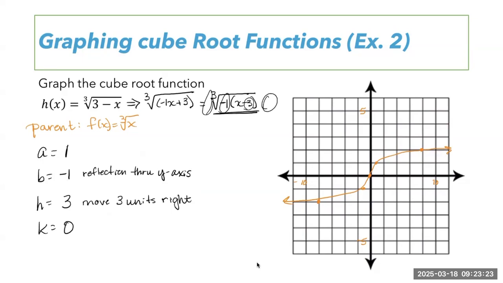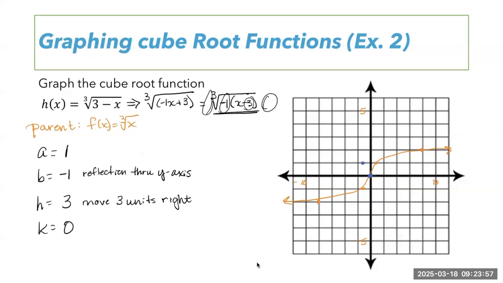Okay? So if we reflect, that means every point the x coordinate becomes negative. So (0, 0) stays the same, but then my (1, 1) point becomes (-1, 1). So that reflects there.